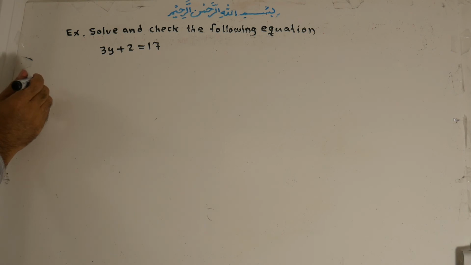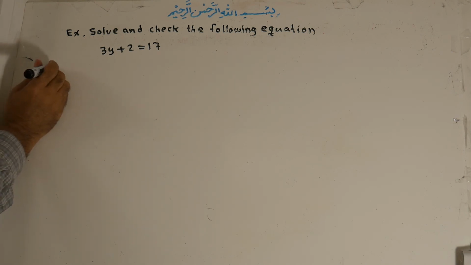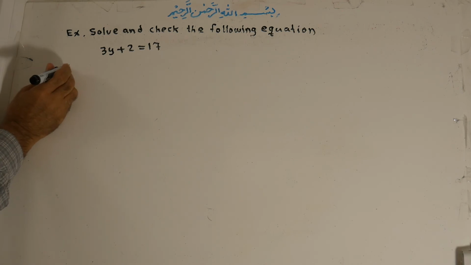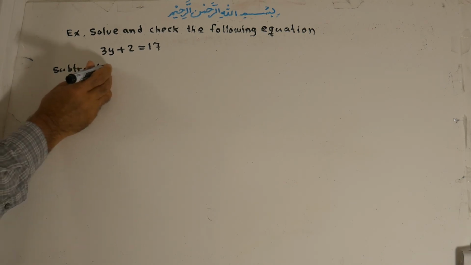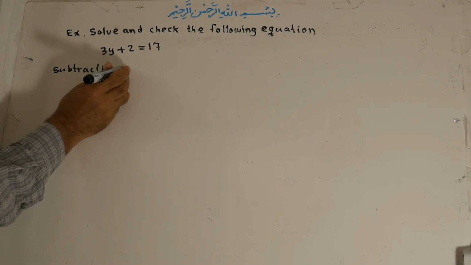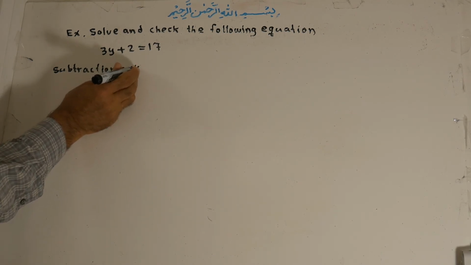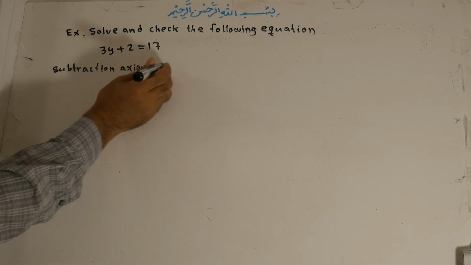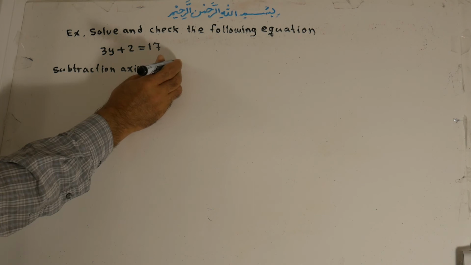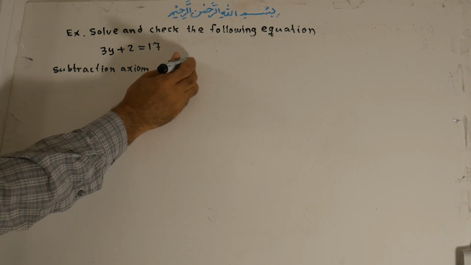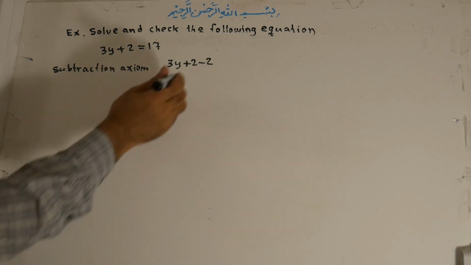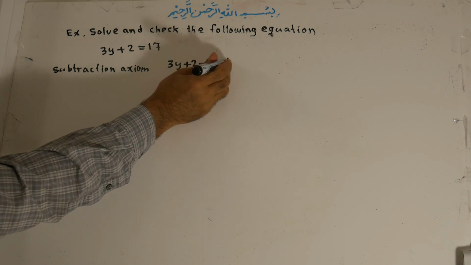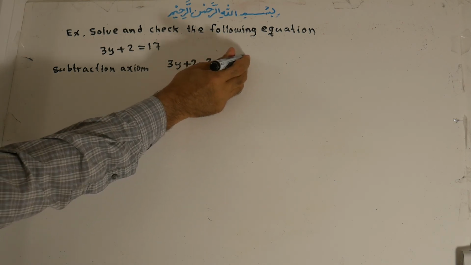Now, according to the subtraction axiom, we use the subtraction axiom. 3y plus 2 minus 2, the opposite of plus 2, is equal to 17 minus 2.